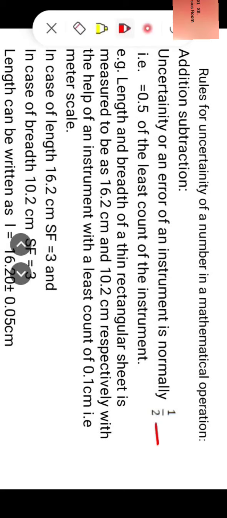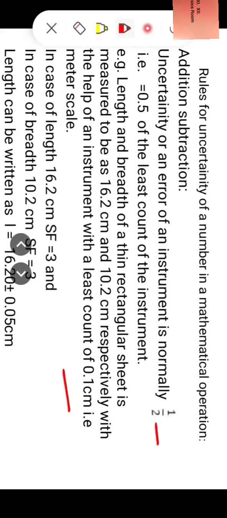For example, length and breadth of a thin rectangular sheet is measured to be 16.2 centimeter and 10.2 centimeter respectively with the help of an instrument with a least count of 0.1 centimeter, that is a meter scale.